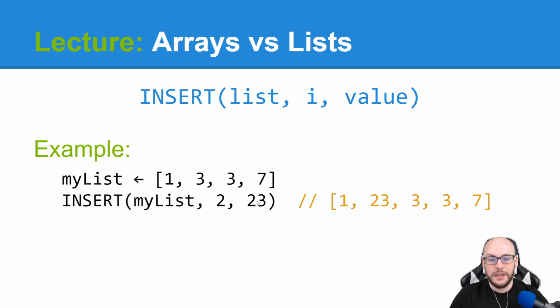But what's going to happen is that 23 is going to get inserted at index 2. That's right here, right? Our indices start at 1. So this is index 1, index 2. We'll put 23 right here, and we're not deleting 3. It's not going away. It's getting pushed. You can see the result here as a comment. That is what's happening to our list. 23 gets inserted at that spot, and the other elements are pushed, and as a result, our list is longer. That's what insert is doing.